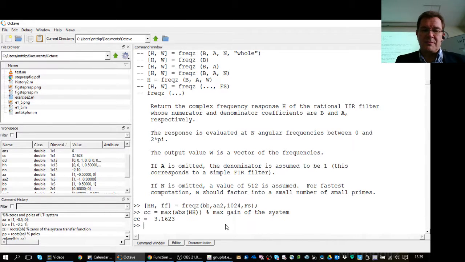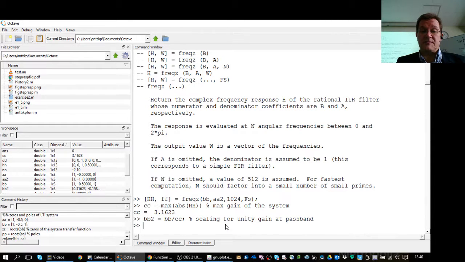So basically say BB2 equals BB divided by C. So this is the scaling for unity gain at the pass band. And then the frequency response of this system. So we just modified the forward parameters.